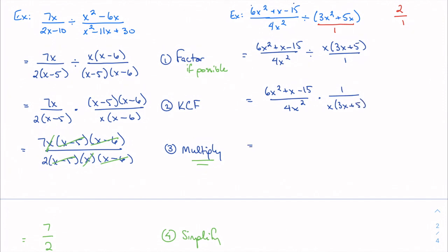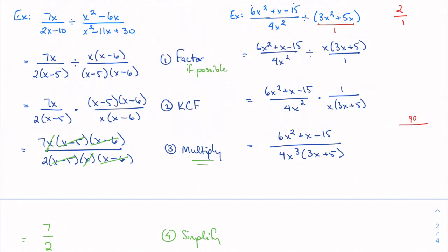So we have 6x squared plus x minus 15. X squared times x is x cubed. And I've got this 3x plus 5. It's really throwing me for a loop here. So let's be safe and check and make sure that our numerator does not simplify.